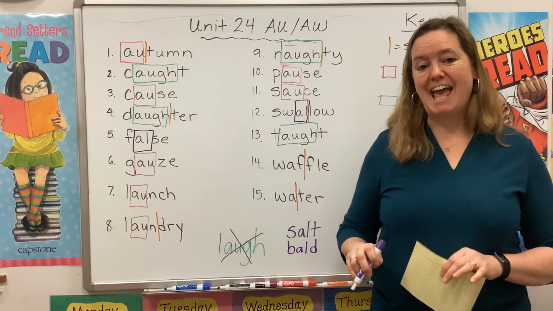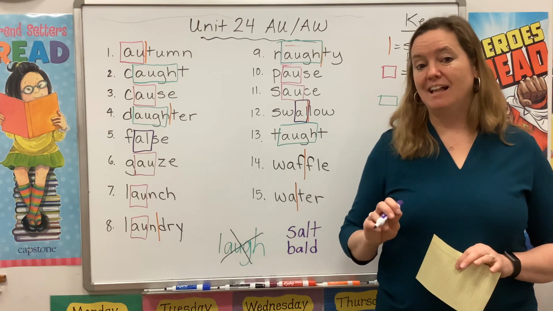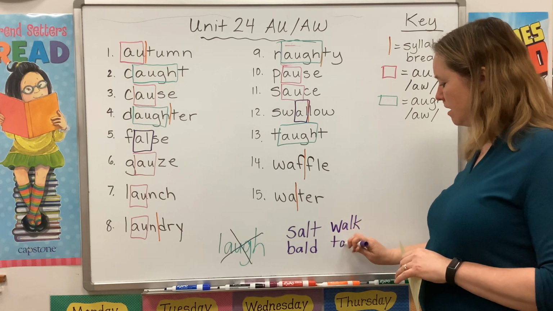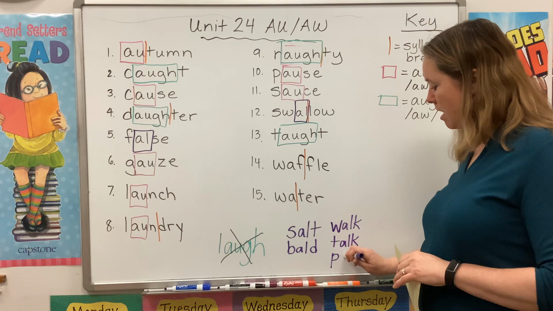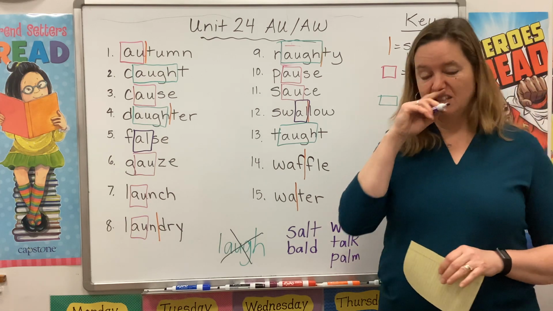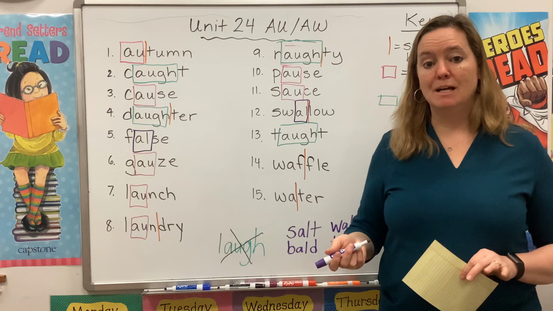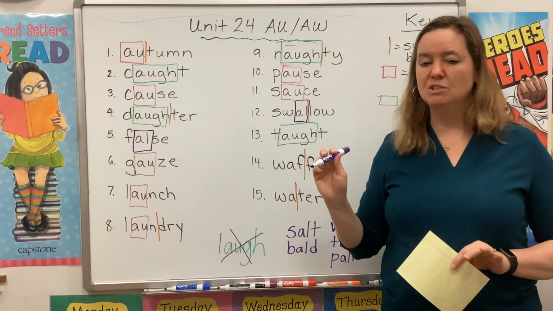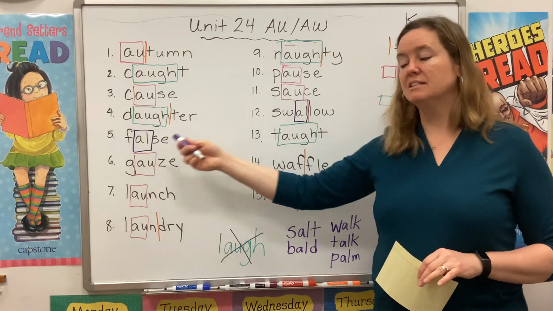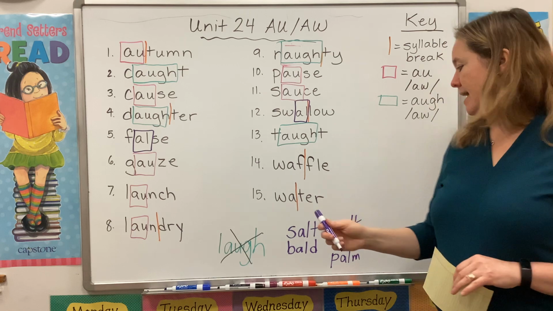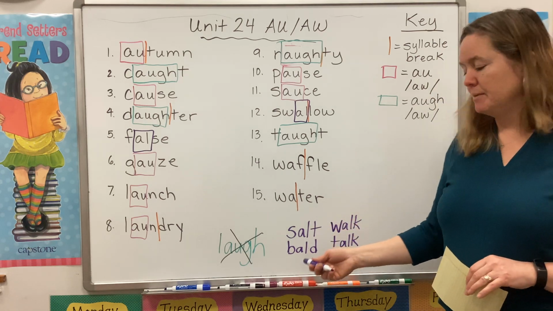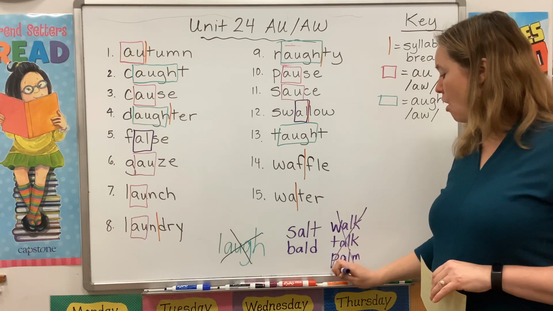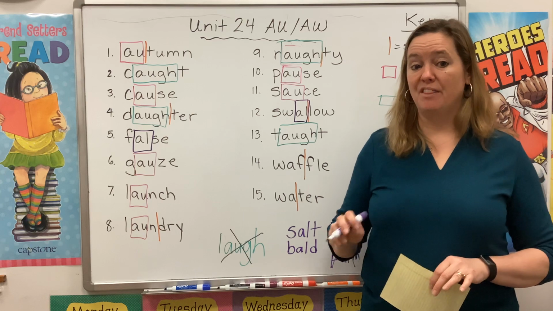You've also seen that AL pattern in words where the L is silent, in words like walk or talk or palm, okay? So this is just another crazy thing about our language. Sometimes when A and L are together, we hear the L. Most of the time we do in words like false and swallow and salt and bald. But there are other times where that L is silent. Makes the ah sound, but we don't hear the L.